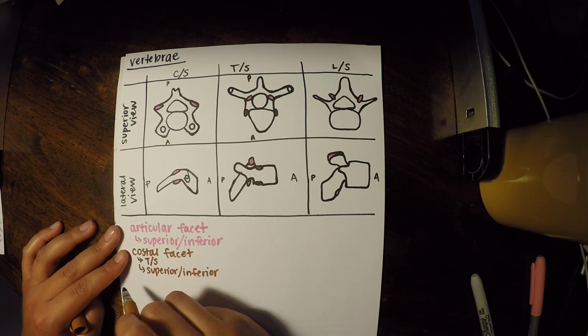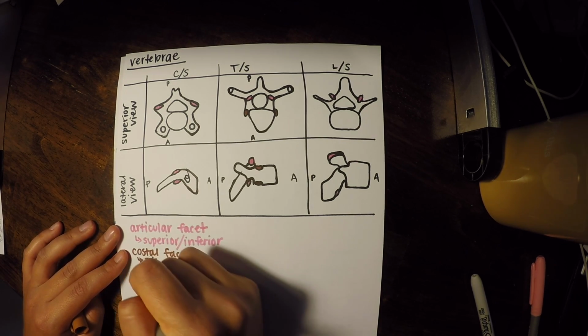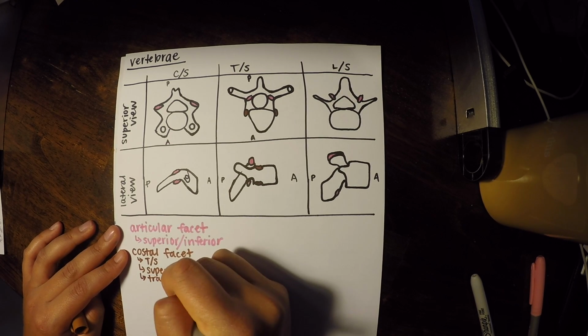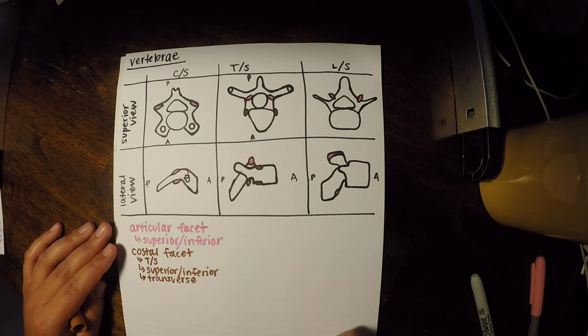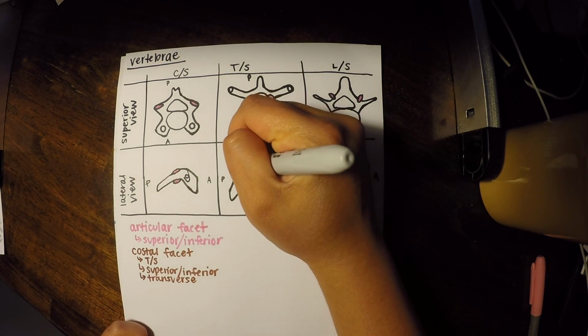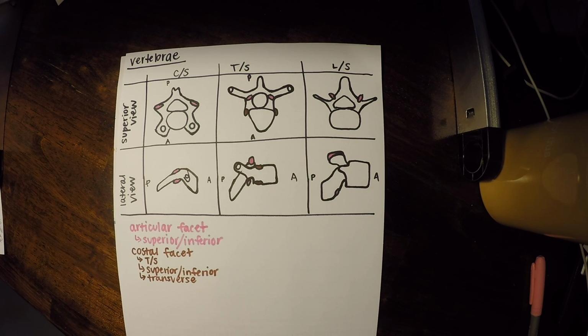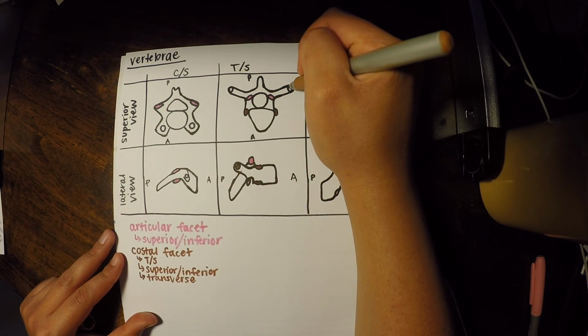Now we also have transverse costal facets. So we're going to add one more thing in here, transverse. And those ones are, oops, I forgot to draw on a little circle for it. Those ones are on something called our transverse process.